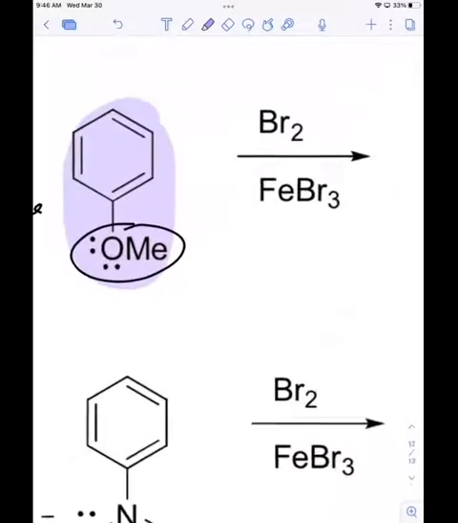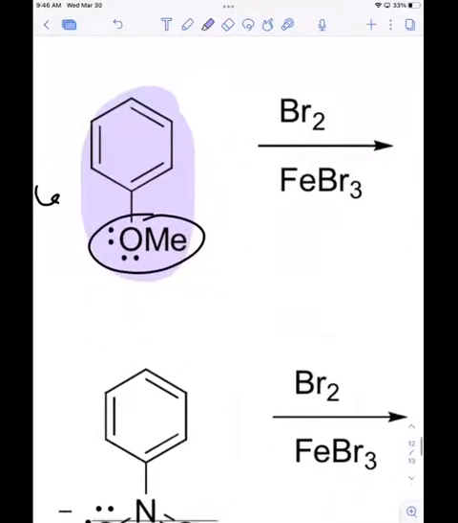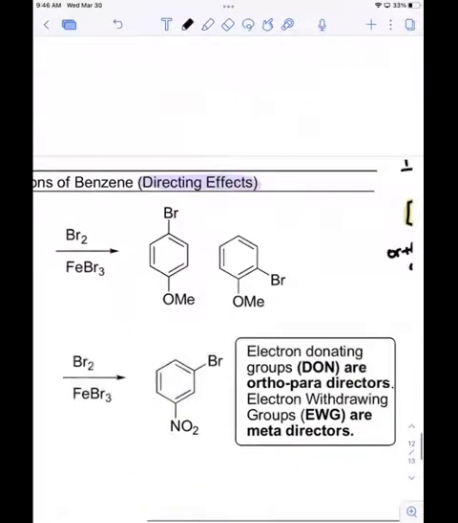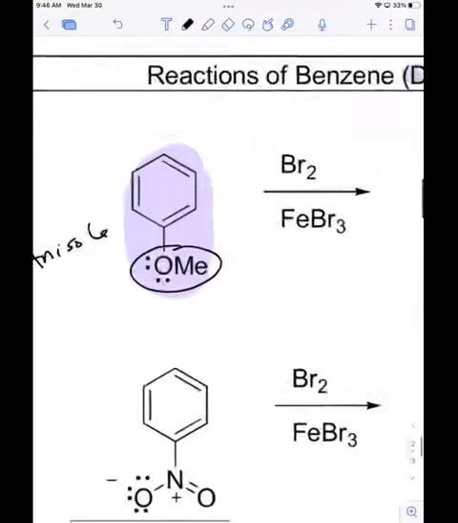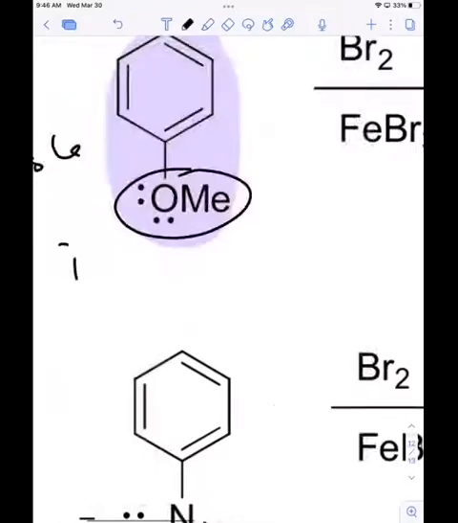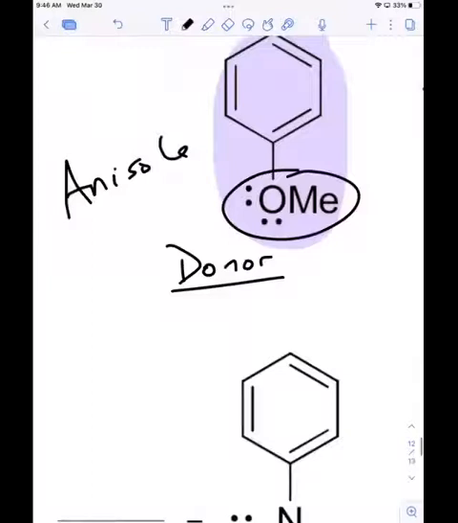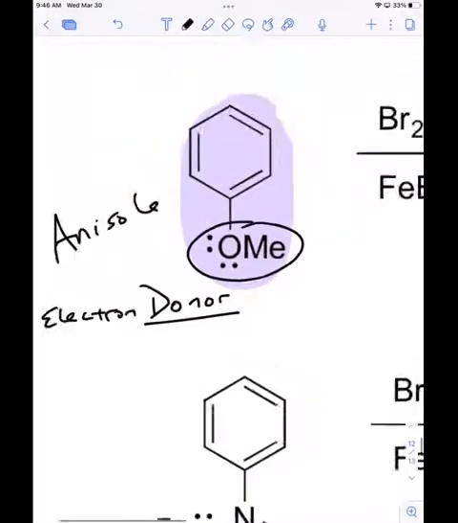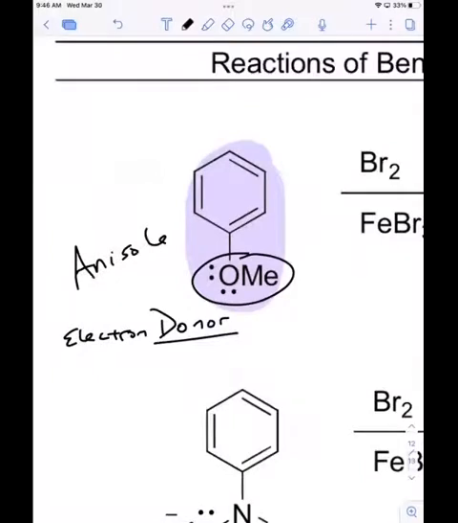So if this is a donor, and I have it down here in the box, but I feel like I still need to explain it. By donor, I mean electron donor. You can see the methoxy can donate electrons into the ring by resonance.